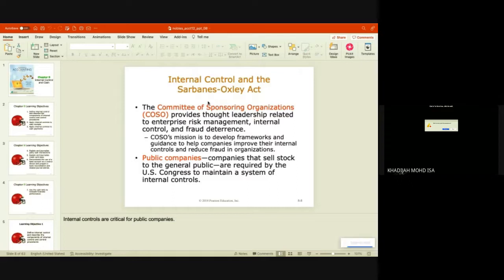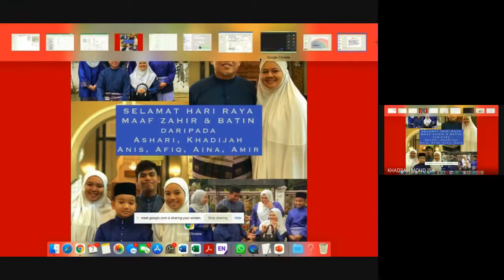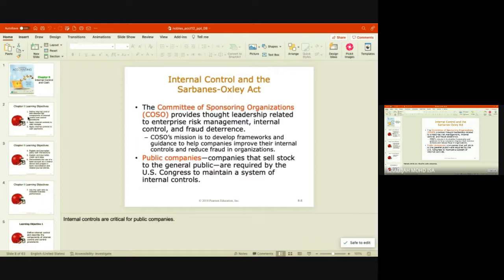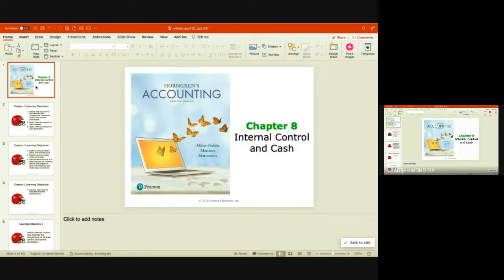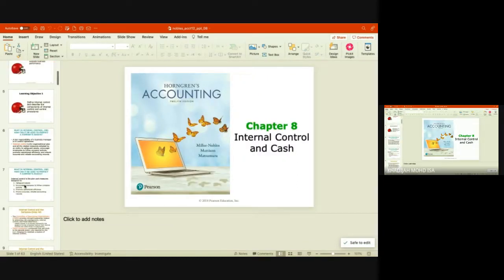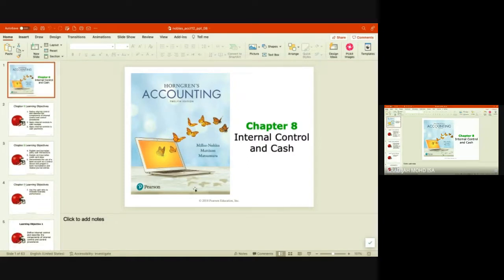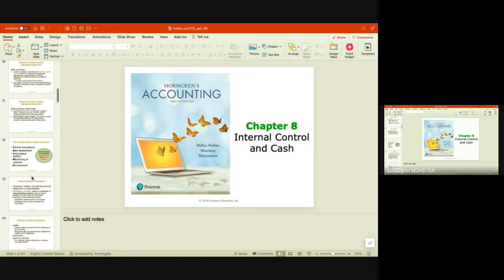So the next one is the chapter on internal control and cash. I'm using this from Horngren, Pearson Horngren.